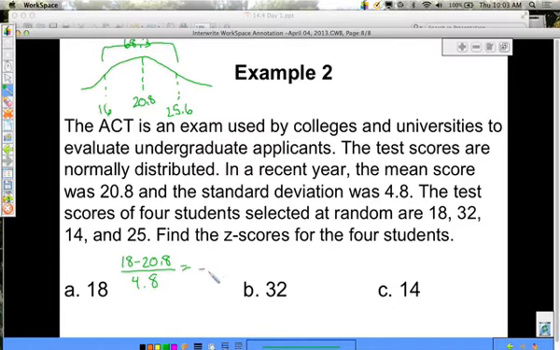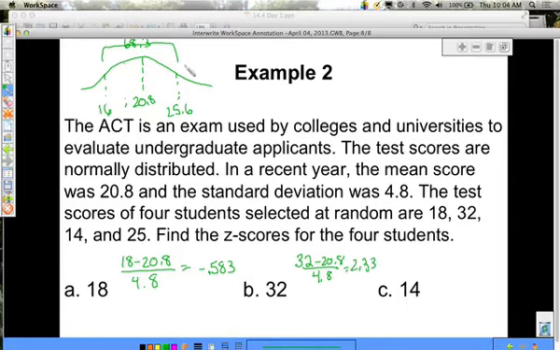So negative 0.583. So that means she wasn't even 1 standard deviation below. She's somewhere right in the middle of that. So our next one, 32 minus 20.8 divided by 4.8. And you should look at this and say, well, this one's definitely going to be positive. 2.33. So she did pretty well.